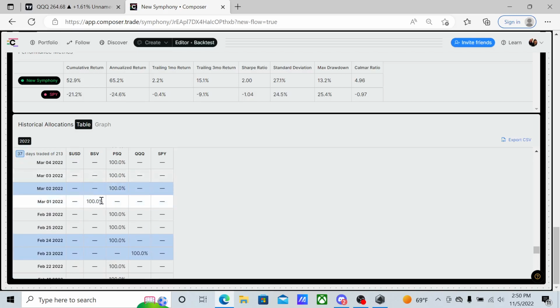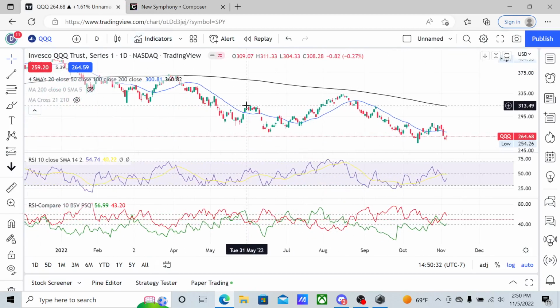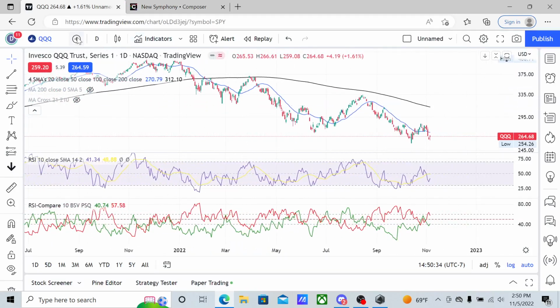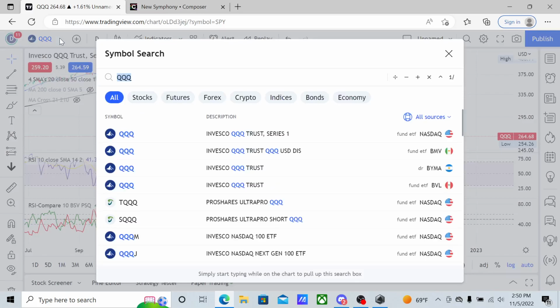Okay, so right here, if it was in BSV, that's telling us that the 60-day cumulative return, at least in March, on BSV was actually higher than the 60-day cumulative return on TLT. And it makes sense if you think about long-term treasuries this year have been doing much worse than short-term treasuries or short-term bonds.